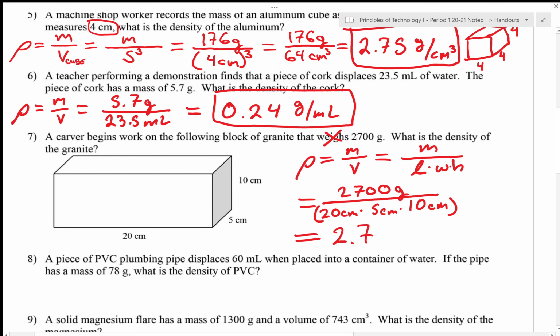You will get 2.7 grams, and centimeter times centimeter times centimeter is per centimeter cubed. So this block of granite has a density of 2.7 grams per cubic centimeter.